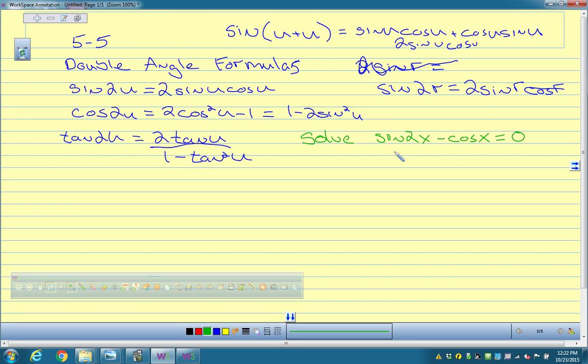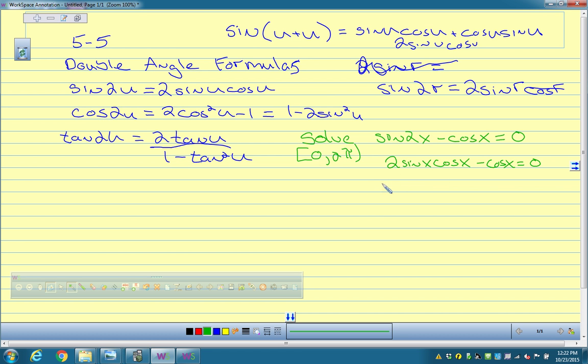Remember we had these on that worksheet a couple weeks ago, and I said skip these ones because you don't know how to do them yet. But now you know how to do them, right? So maybe I'd say solve on 0 to 2 pi. What's sine of 2x equal to? 2 sine x cosine x. I can rewrite it as 2 sine x cosine x minus cosine x equals 0, right? And then what could I do with that?